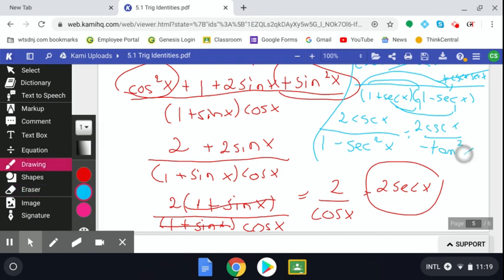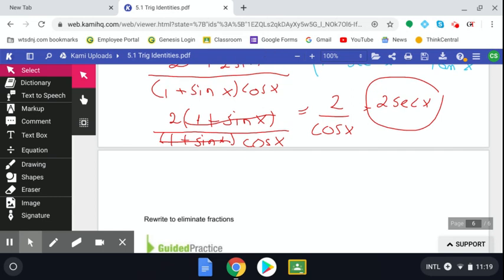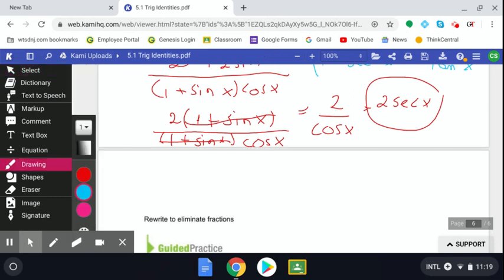Okay. All right, so I can rewrite that as 2 cosecant x times negative cotangent squared x, because I avoid fractions when I do this. So let me just do this. So we're going to get 2 cosecant x times negative cotangent squared x.